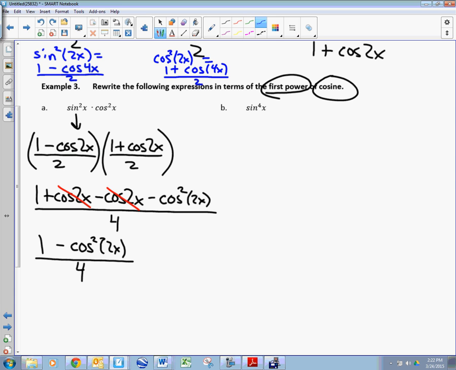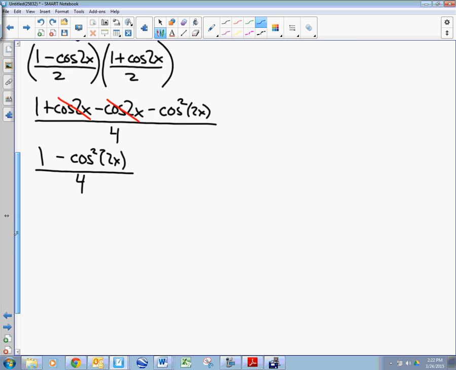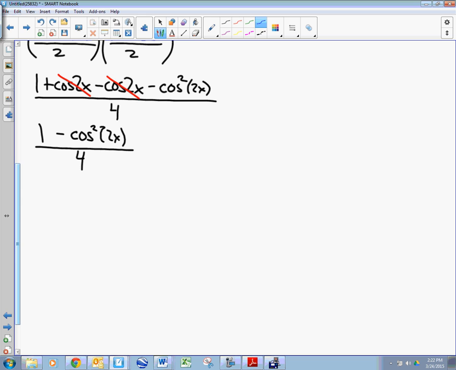So we get 1 minus, instead of cosine squared of 2x, I write 1 plus cosine of 4x over 2, all over 4.